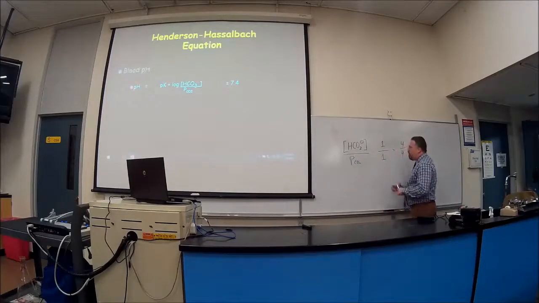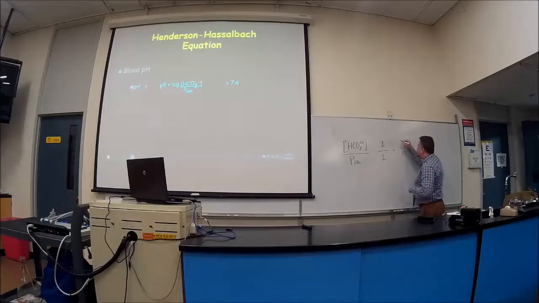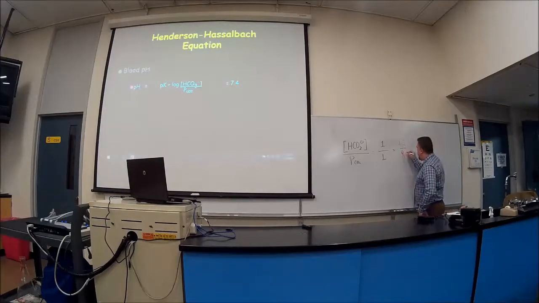If we have bicarb, and for some reason the bicarbonate decreases to 2, then what must the PCO2 do to make this back into 1? Go down. Then this has to go down to 2. Does that make sense?